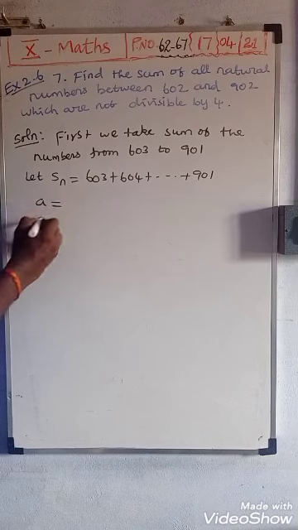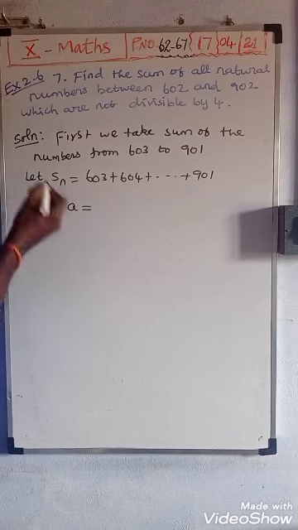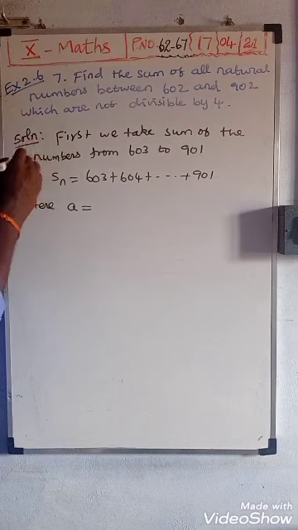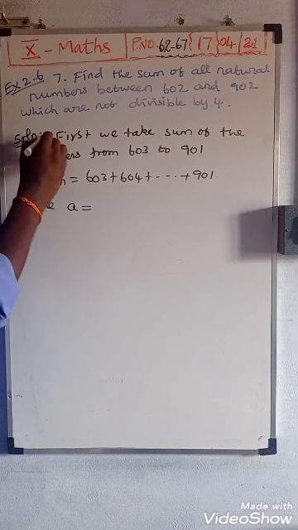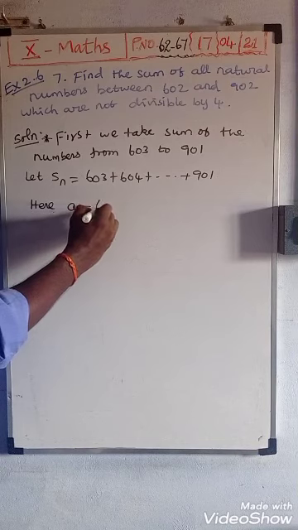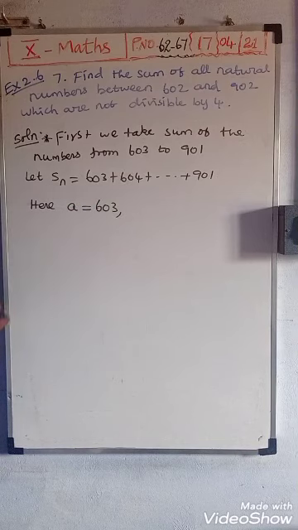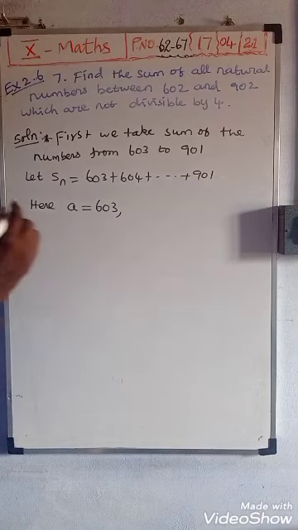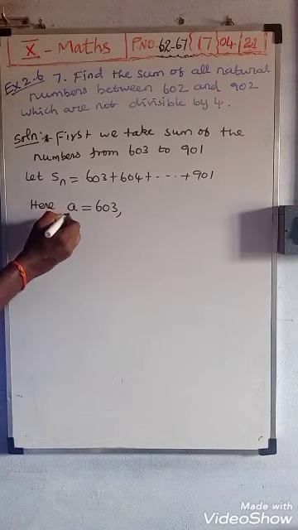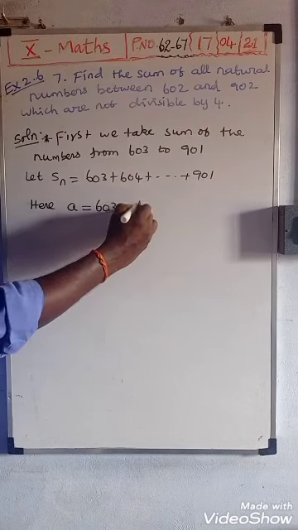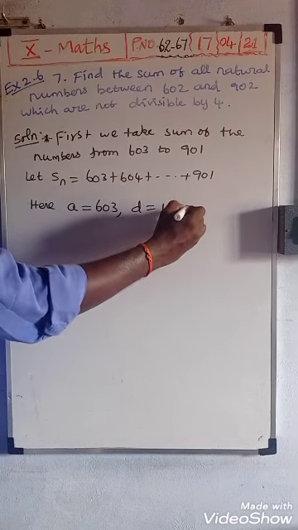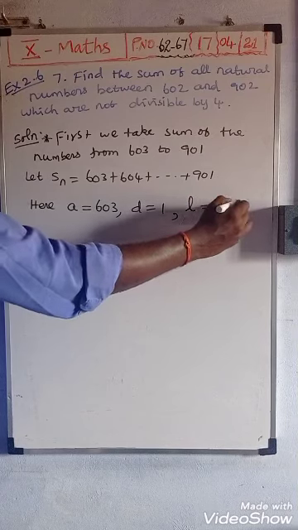Here the first term a is equal to 603. First we want to know how many numbers there are from 603 to 901. For that, a is the first term, the common difference is 1, and the last term L is equal to 901.